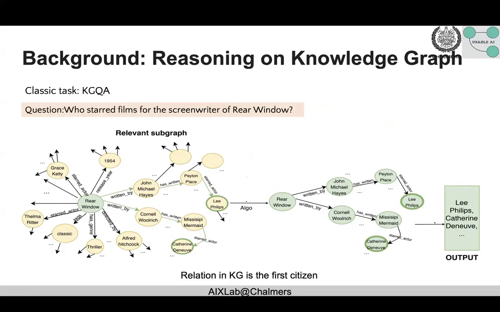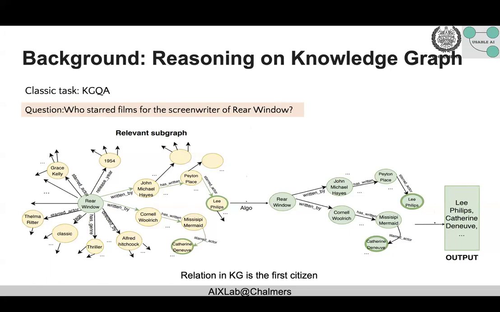This is a common way to make use of the knowledge graph: reasoning on the knowledge graph step by step. Here is an example. Who starred in the movie whose screenwriter wrote Rear Window?